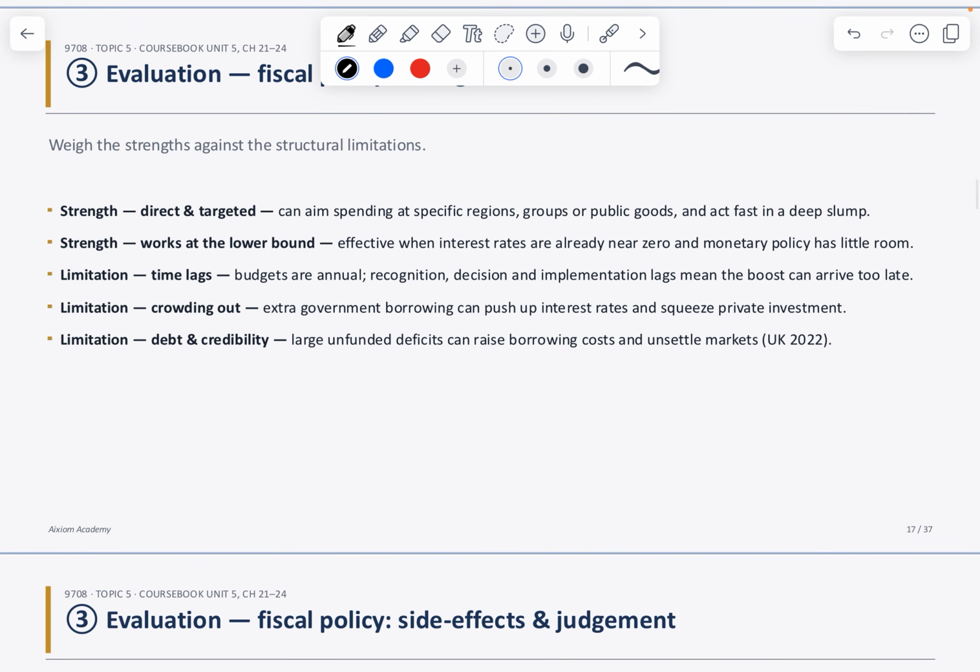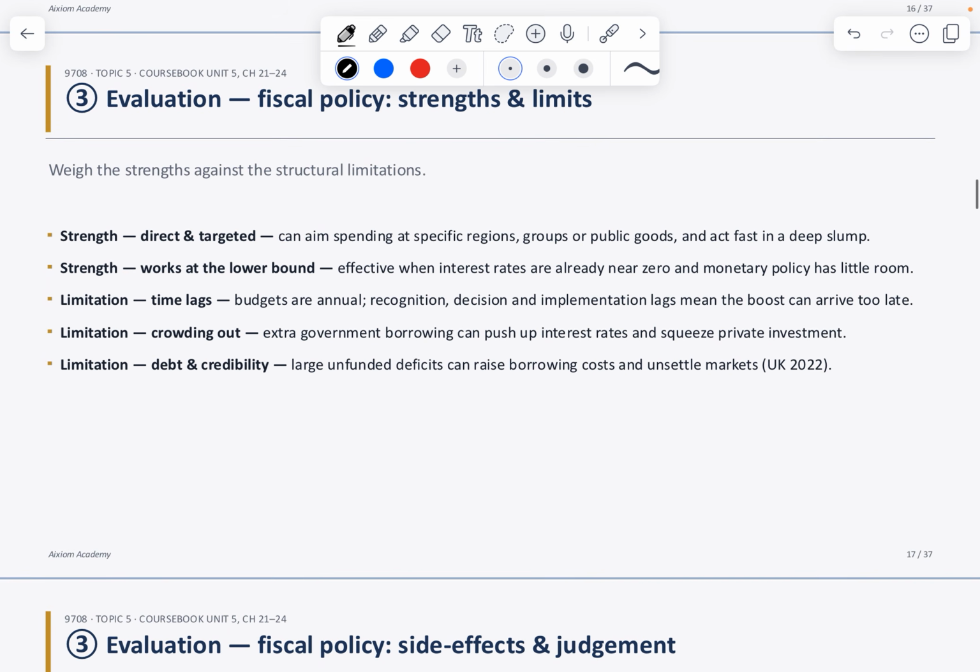Another strength is that it works very effectively when your monetary policy is constrained and your economy is in a recession, so you need to use fiscal policy, and it will be quite effective.